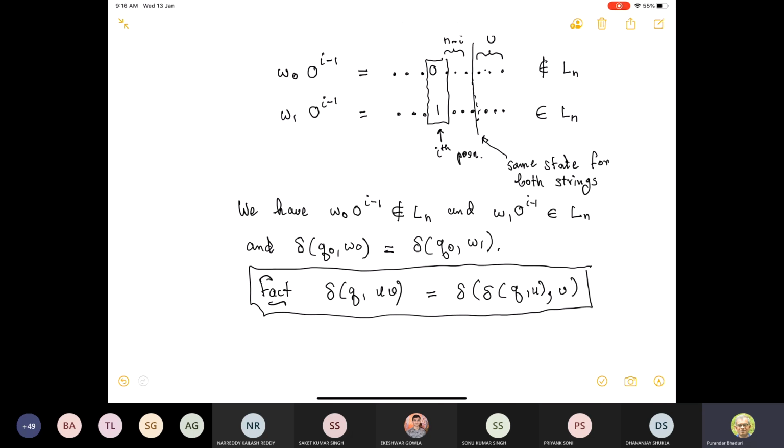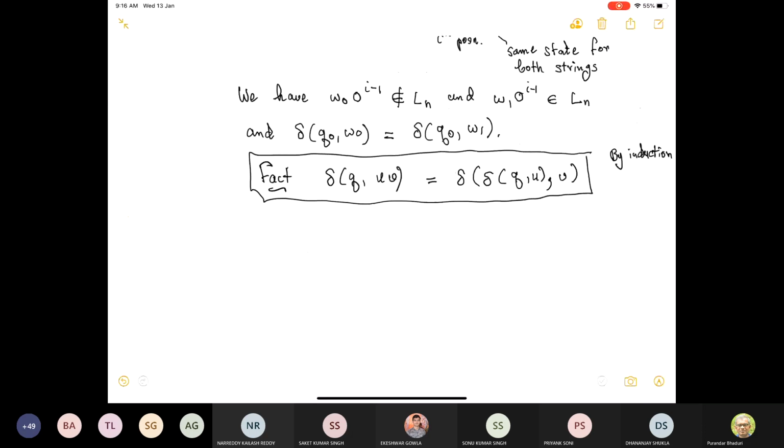Okay. How do you show this? By induction. It's a very easy proof. It follows from the definitions of delta and delta hat. By induction on the length of V, you can show this. But intuitively, it's obvious, right?